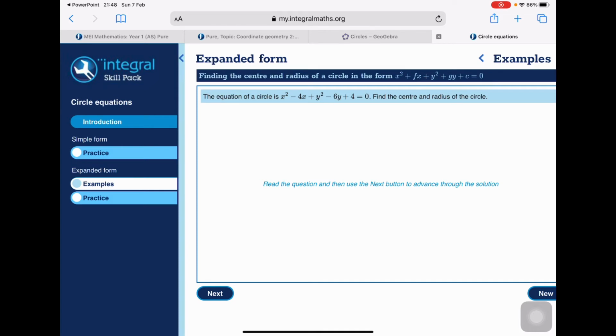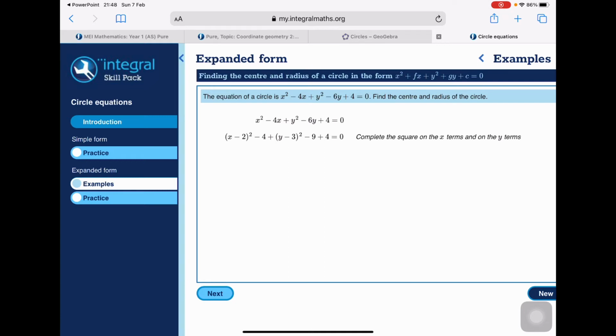The equation of a circle is x squared minus 4x plus y squared minus 6y plus 4 equals 0. Now we need to work out the center and radius of the circle from that. So we write it out, and complete the square on the x terms and on the y terms. Then we end up with this after we complete the square.